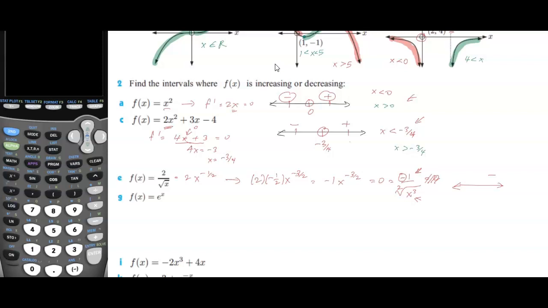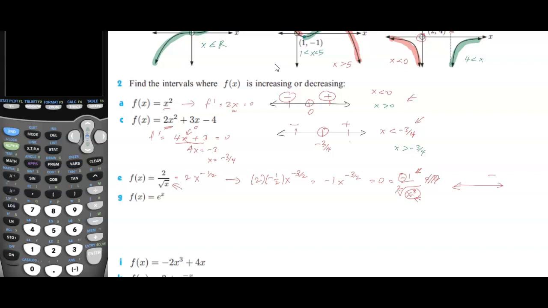Because if we put in a negative number, we're going to end up with a negative number as x cubed, and then we're going to have to take the square root of a negative number, and that's illegal. If we go back and look at the original function, the domain of the original function actually does not include negative numbers because you can't put negative numbers into the square root. So that's why we're ending up with this weird situation.